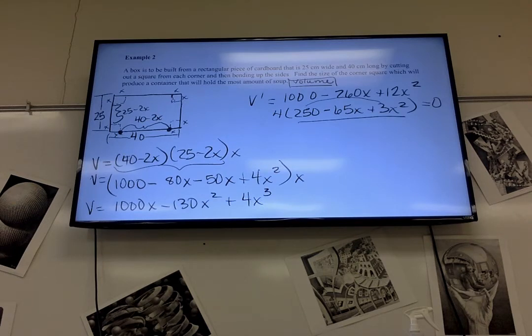Multiply the first and the last together, that's 750x squared. Can we divide by 4 real quick? That's what she meant by factoring it out.